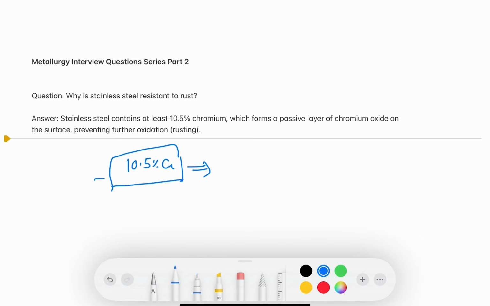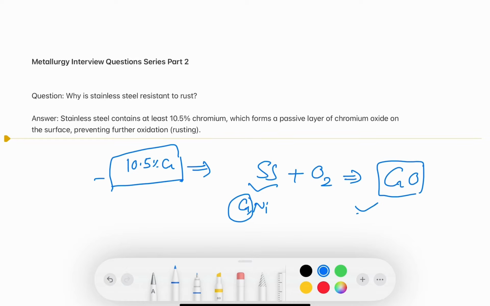When stainless steel is exposed to oxygen, the chromium present, along with some other alloying elements such as nickel, specifically the chromium, will react with the oxygen and form a thin layer of chromium oxide.